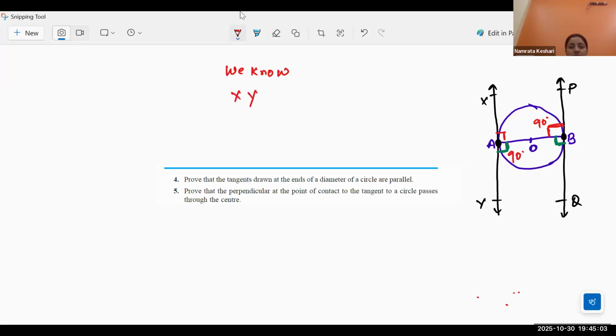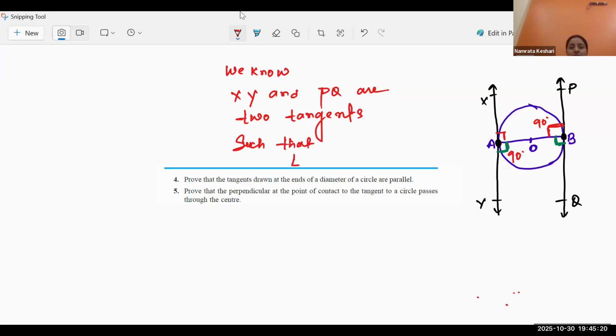We will just say that we know XY and PQ are two tangents such that angle YAB, I'm talking about this 90-degree angle, is equal to 90 degrees.